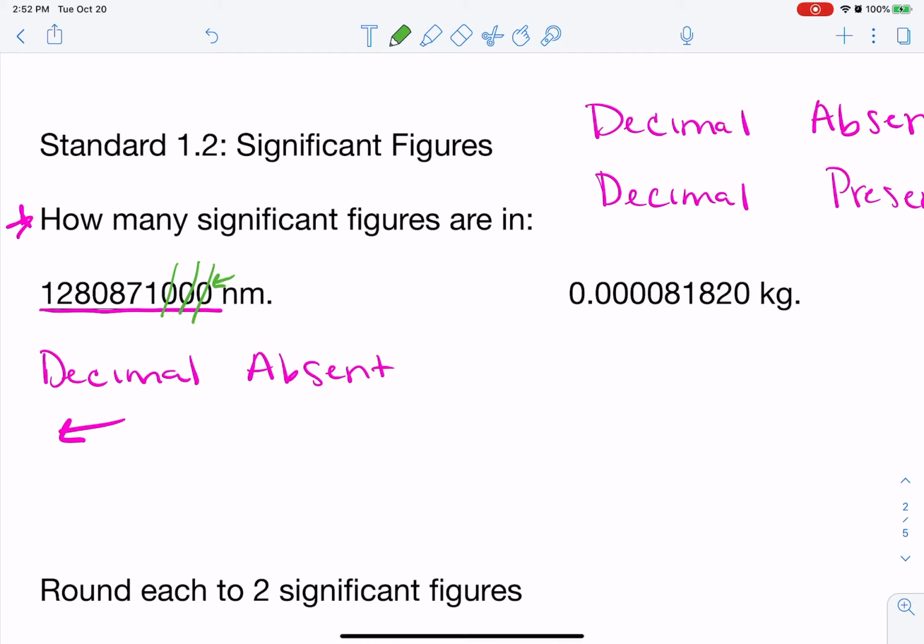This doesn't count because it's a 0. This counts. So we're going to start counting 1, 2, 3, 4, 5, 6, 7. This has 7 significant figures. We notice that even this here, even though it is a 0, once you start counting, you just keep on counting. So this has 7 significant figures.